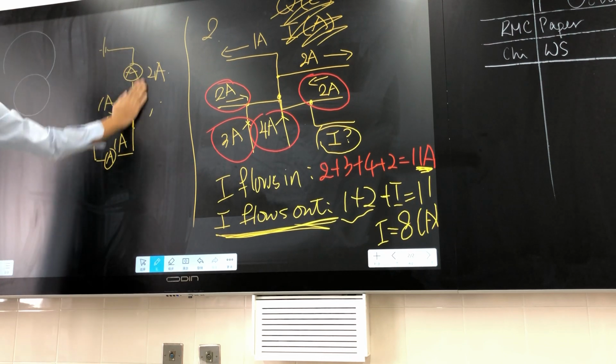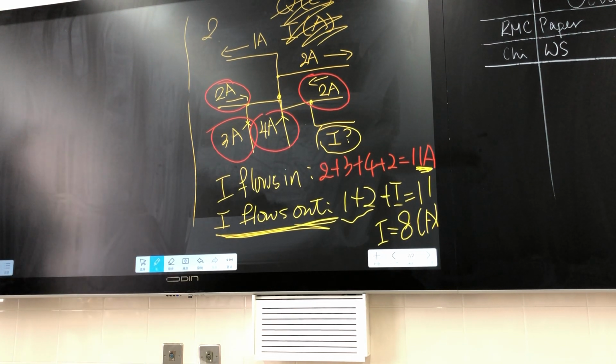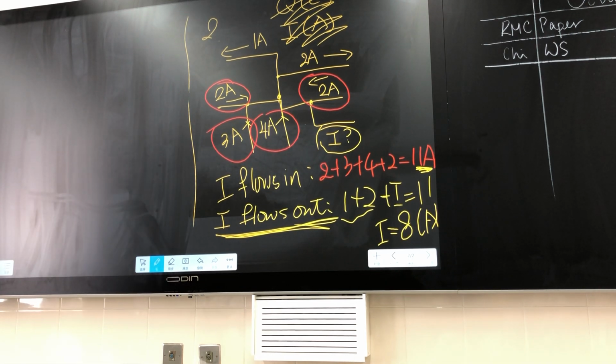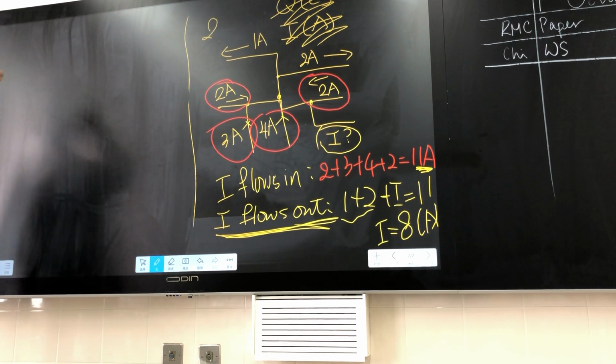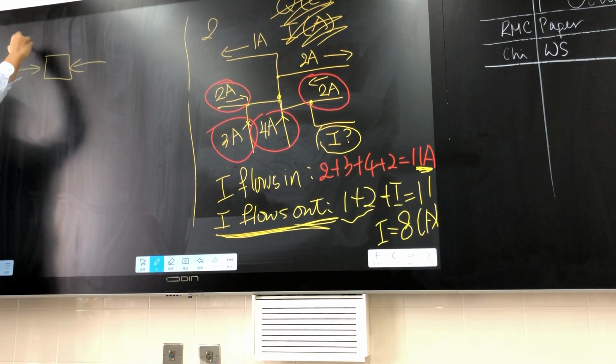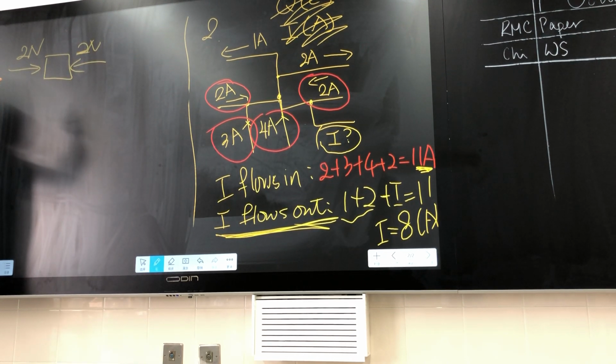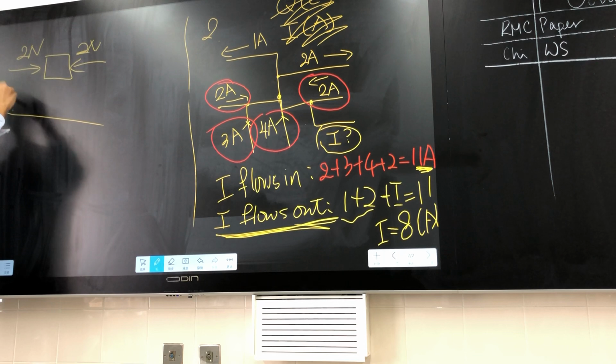Okay. So what is a vector? A vector has direction and magnitude, right? So if you have two forces pushing the same object, what's the net force on this object? Zero, right?